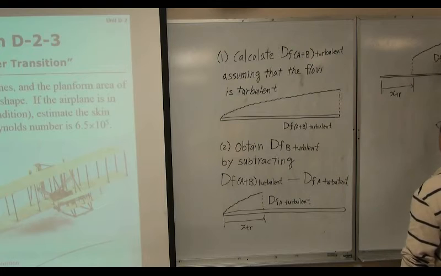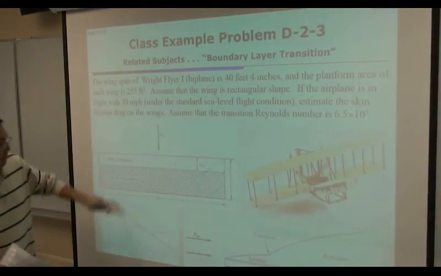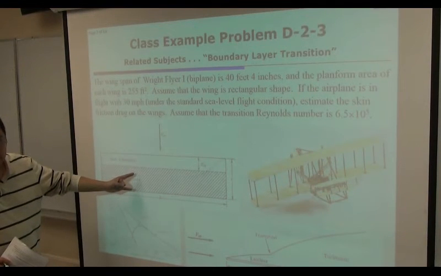This is the dF of B turbulent. So you are going to isolate area B, which is, let's go back here. You're going to isolate skin friction drag generated at the area B because we know this is turbulent flow.